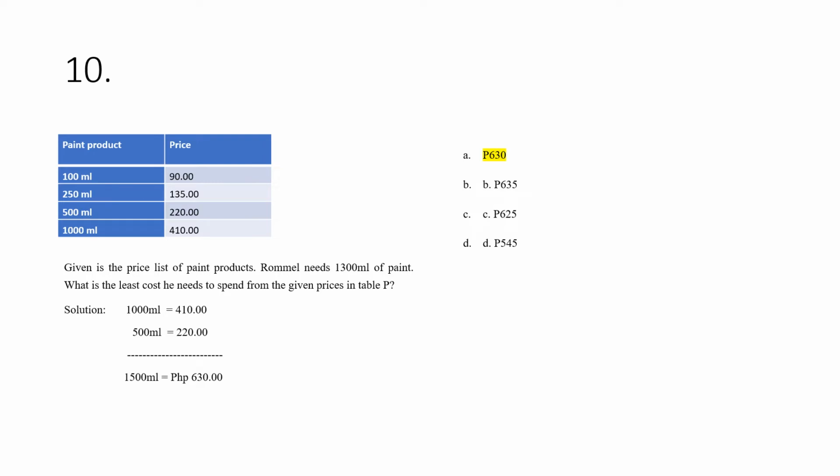We can attain that requirement if we take one piece of 1000 ml at 410 and one piece of 500 ml at 220, giving us a total volume of 1500 ml equal to 630 pesos, and this 1500 ml is more than sufficient to provide Rommel with 1300 ml of paint.